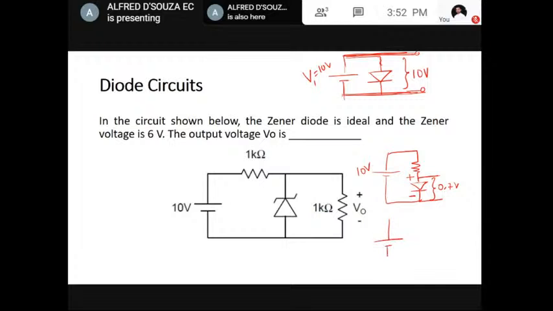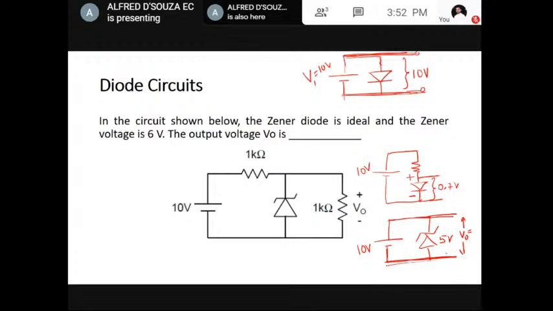If the Zener diode is reverse biased like this, let's say it is a 5 volt Zener diode and I have applied 10 volt, then the voltage across this Zener diode, first of all, it is reverse biased, but don't make the mistake of saying that the output voltage is 5. It is not 5. Why? Because the independent voltage source is connected across the Zener diode.